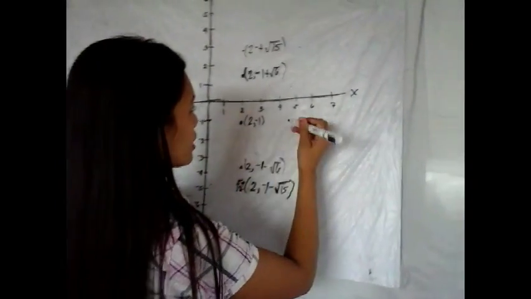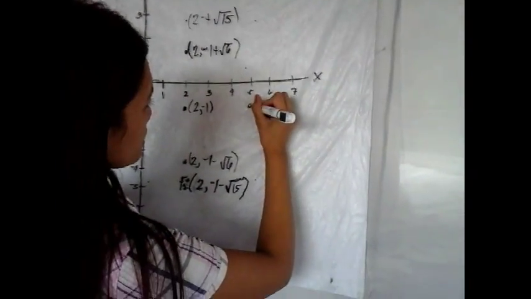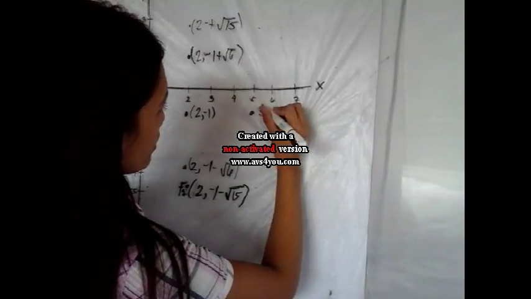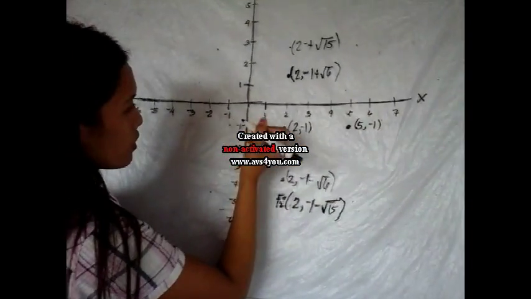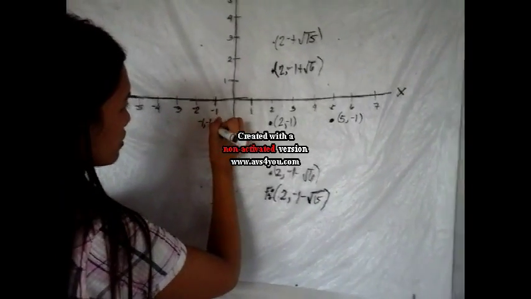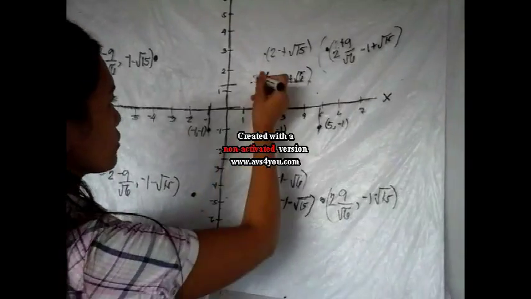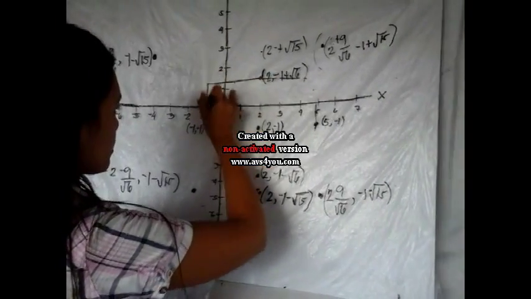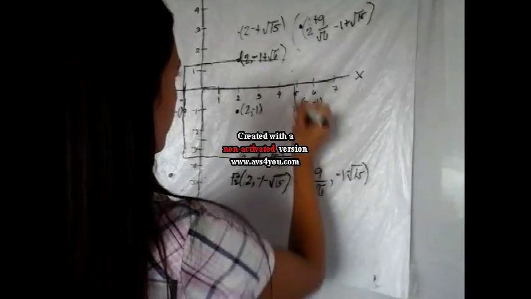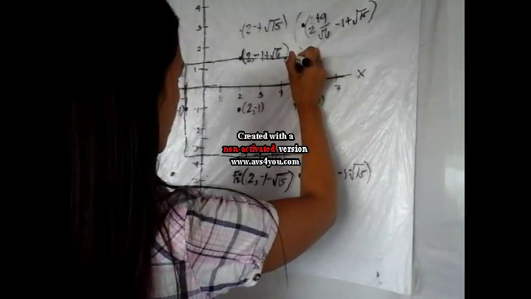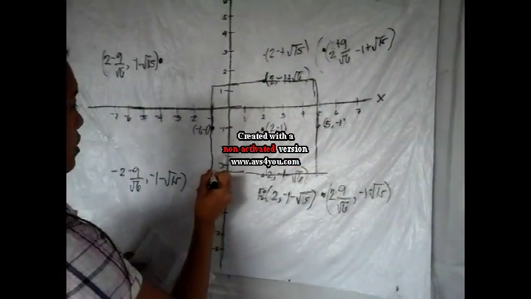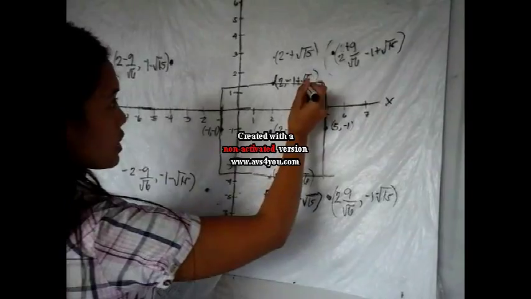Then locate our minor axis endpoints, which first is positive 5 and negative 1, and the other one is negative 1 and negative 1. Connect the points in a rectangle shape, and we are going to connect our asymptotes.